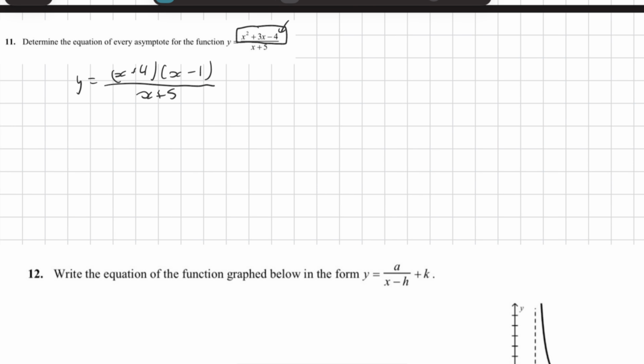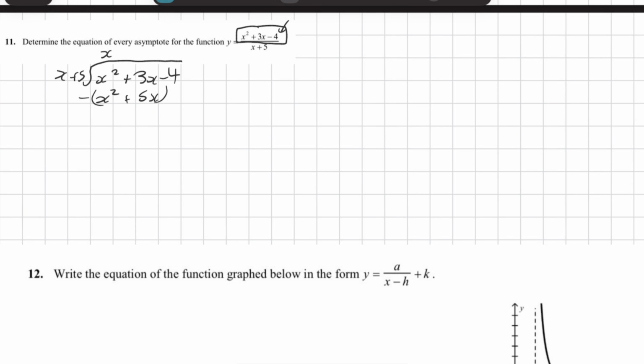Right off the bat, we can see that we can't simplify it that way. So we're going to have to do long division instead. Let's write out that first equation, and then you do your long division. So this is x. x times 5 is 5x.